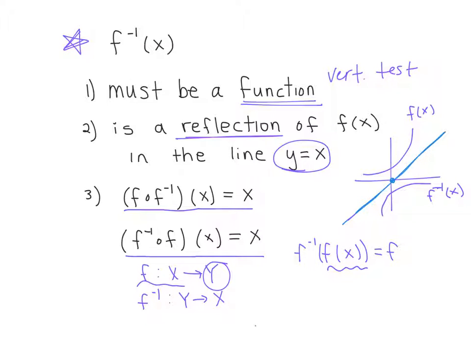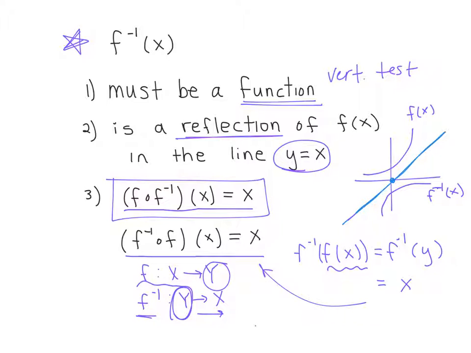So f inverse of a small y, but if you look at f inverse, right, that small y is an element from a big Y, which maps it onto an x. So that must be true. So can you also solve for the first case why that must be true?